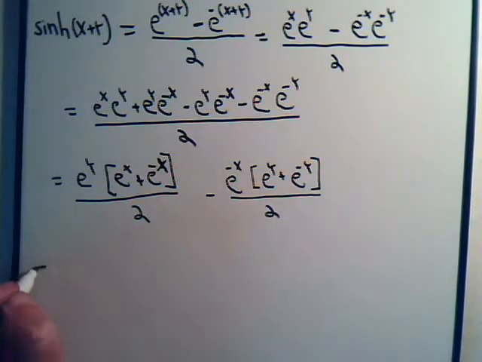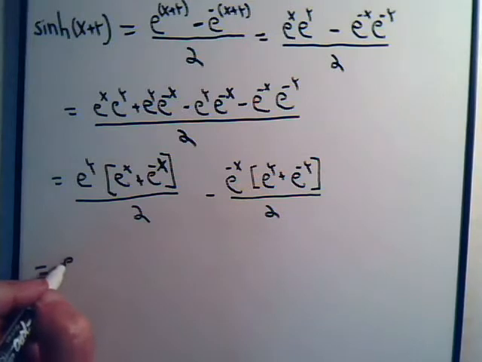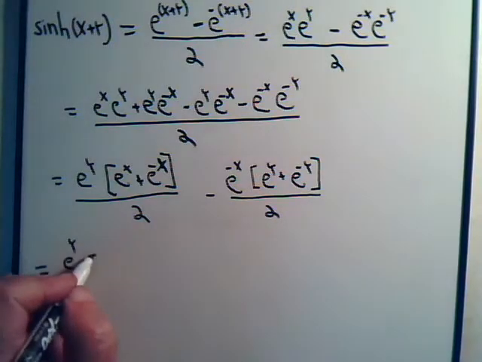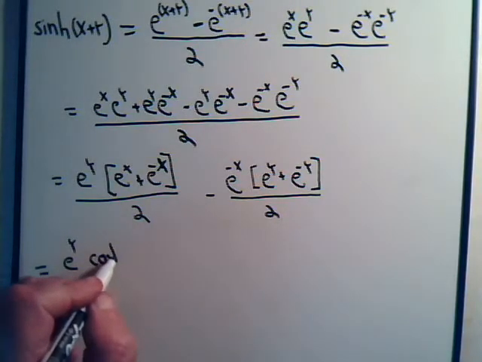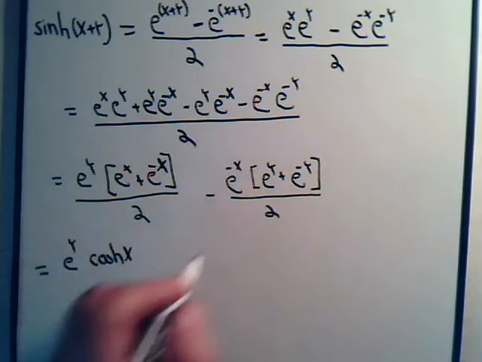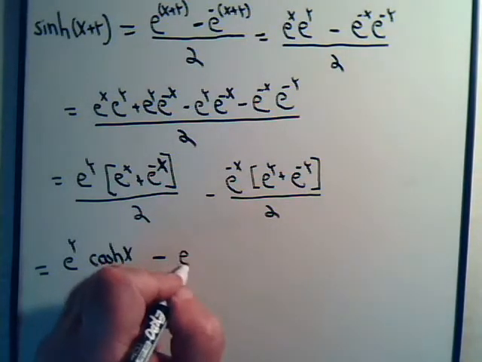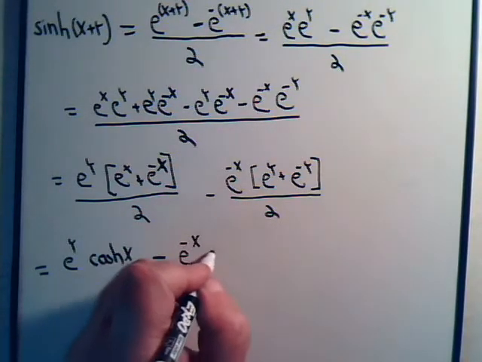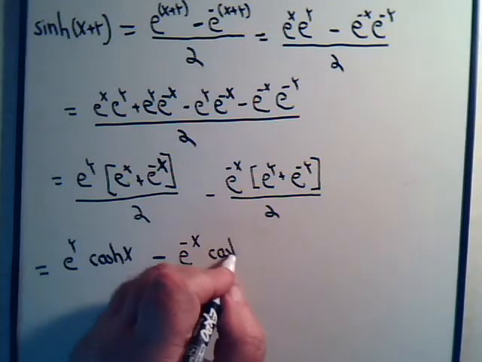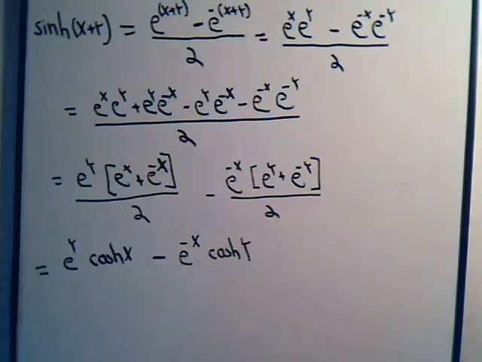So this will equal e to the y, the hyperbolic cosine of x, minus e to the minus x times the hyperbolic cosine of y. And no choice, we have to do what we did before then.